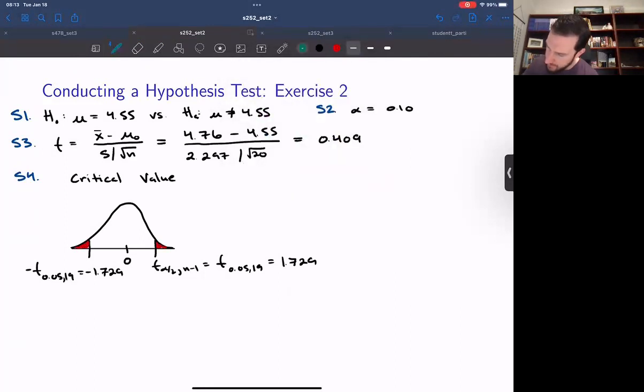We can see that the test statistic in this case is not going to be inside the rejection region. So this value here is t equals 0.409.